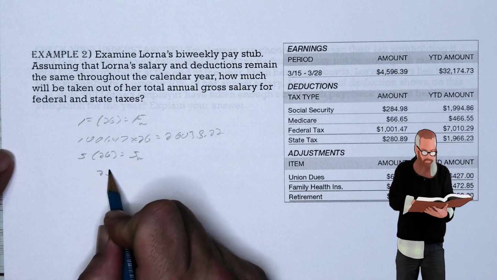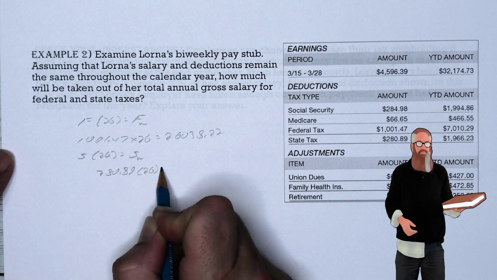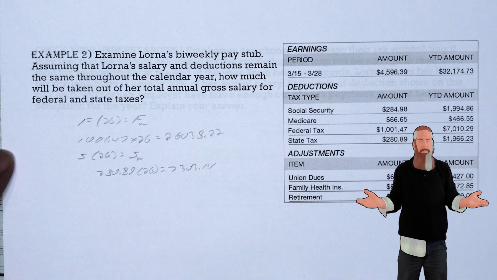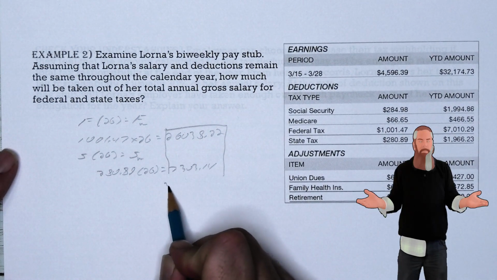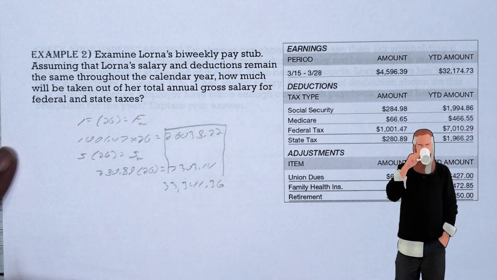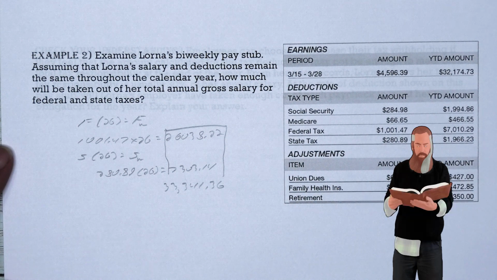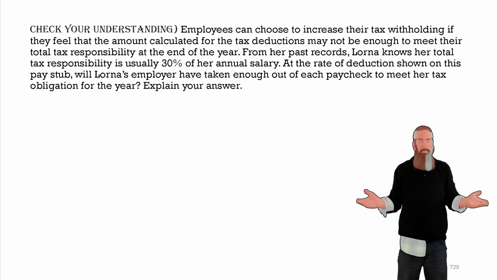That would mean $280.89 times 26 will give us $7,303.14. By adding these two together, we're going to wind up with $33,341.36. So her total deductions for state and federal taxes for the year are $33,341.36.